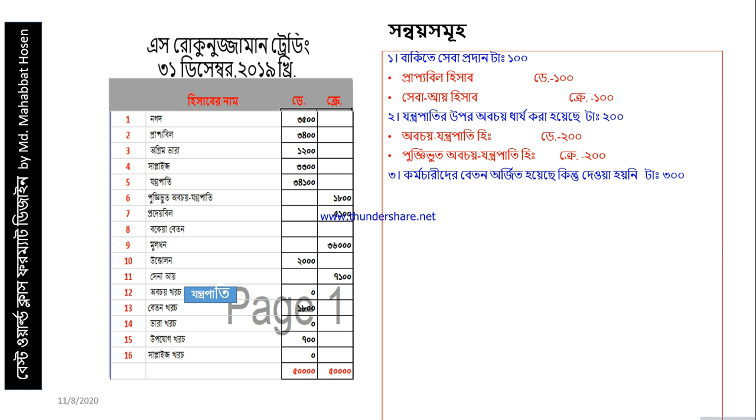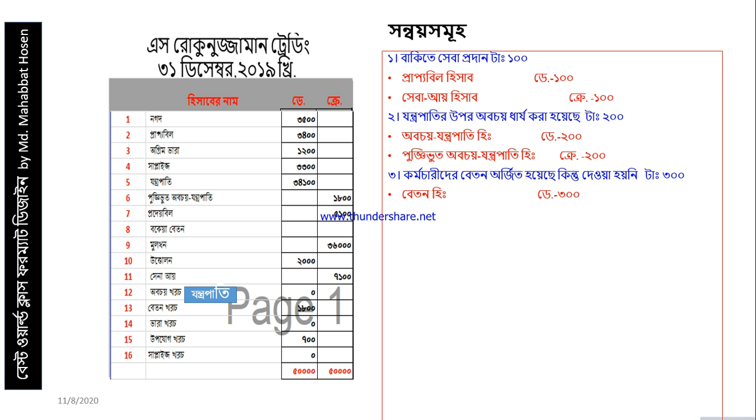Adjusting entry number 3. Salary is earned by the employees of the organization, but the amount has not yet been paid by the owner. This is why, as expenses have increased, expenses will be debit. Salary expense will be debit 300.